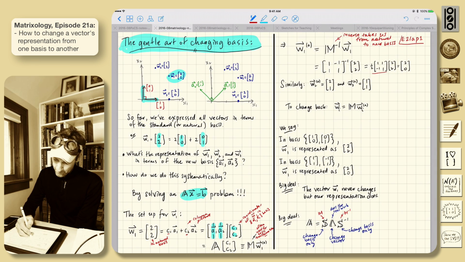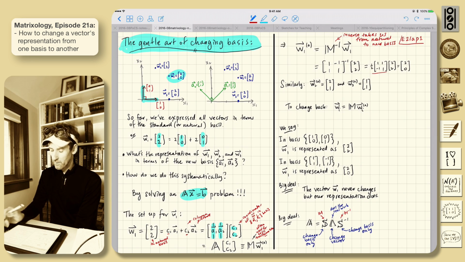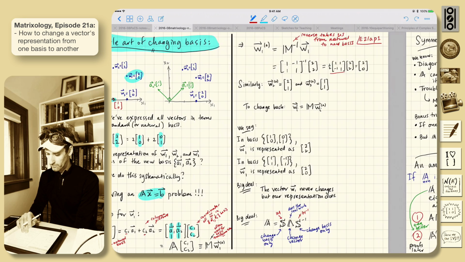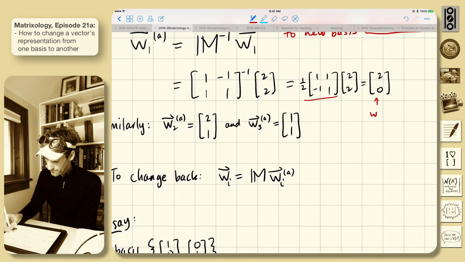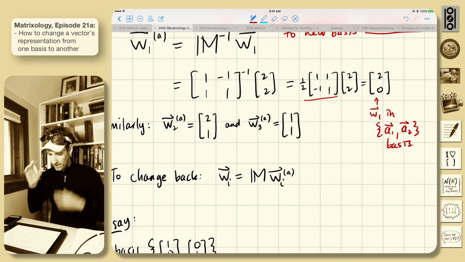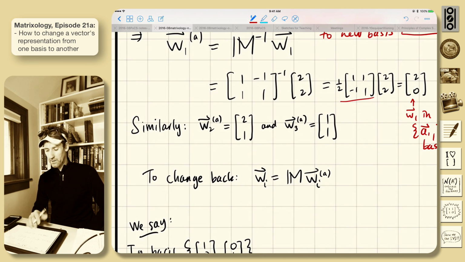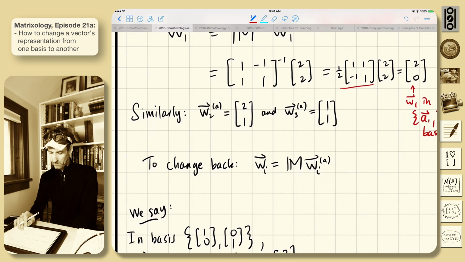So this is 2 times A1 and then 0 of A2. So this is W1 in the A1, A2 basis. You have to say which basis you're using. And you can do the others. You might want to test this out.